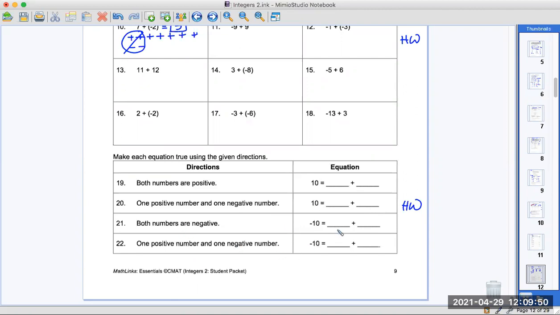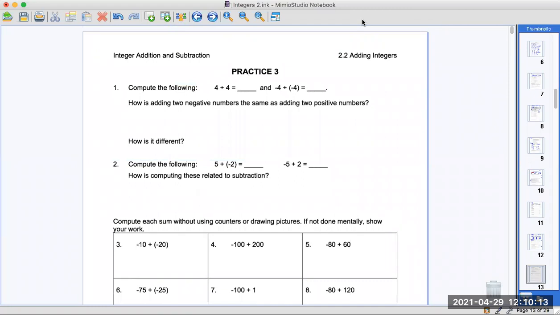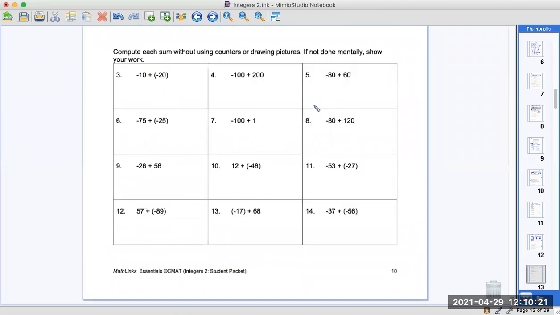And then come up with an equation where both numbers are negative. When you add them, you still get negative 10. And then one number positive and one number negative, and their sum is negative 10. So you have to think, what am I putting in here to make this equation true? So that's page 9. And then this is page 10. That's homework.